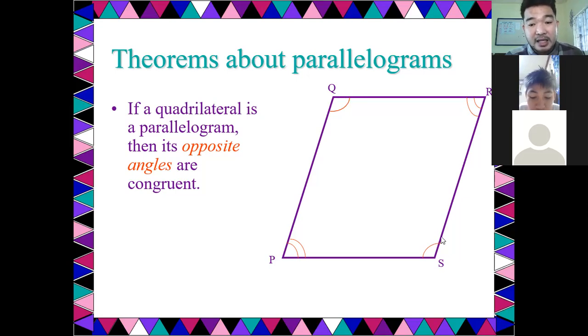So tama kanina si Michael kasi si angle Q, 100. So ibig sabihin, si angle S, 100. Pero ngayon, si angle P, ang measurement niya ay 75 degrees. Stephanie, what is the measurement of angle R if angle P is 75? Stephanie?